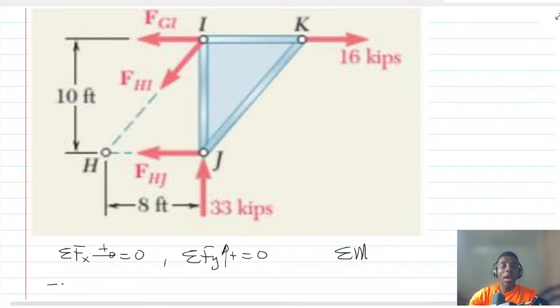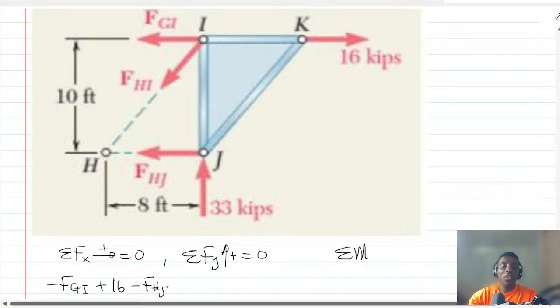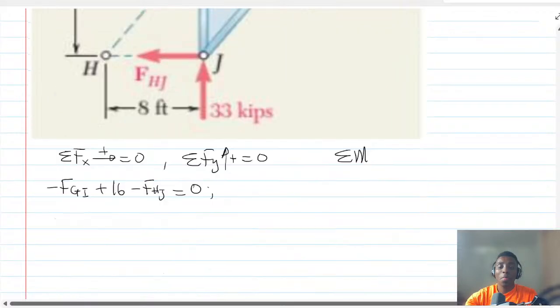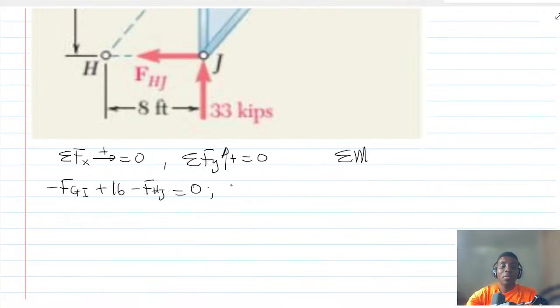So minus FGI plus 16, and then minus FHG will be 0. In other words, we can say that FGI plus FHG is equal to 16, equation 1.